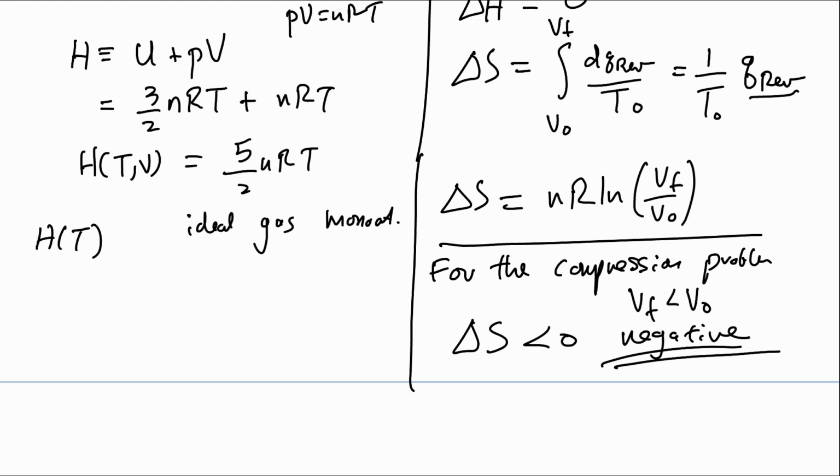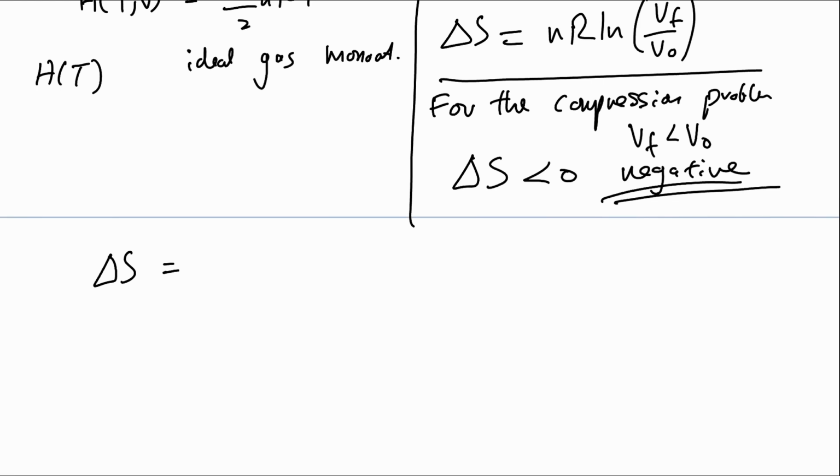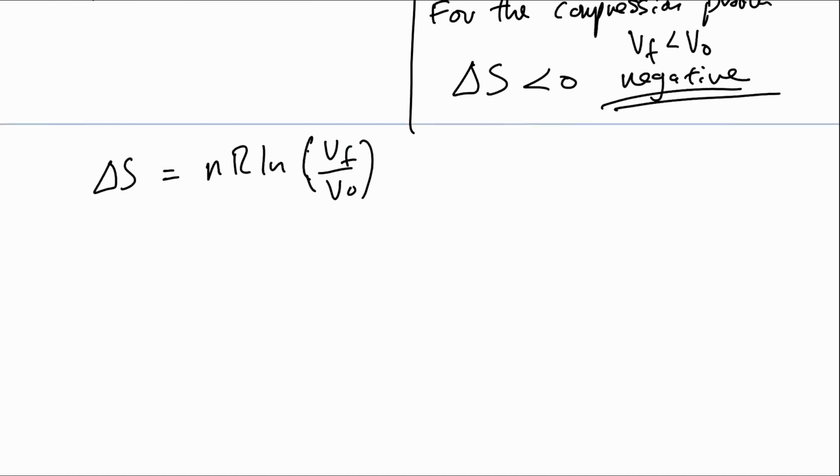The volume goes from V naught to 2V naught. What happens at constant temperature? What happens to the entropy? Does it go up, go down, or stay the same? It goes up, right? That makes sense, I hope. So I have delta S equal to NR log V final over V initial, and this is because I've found a reversible path.